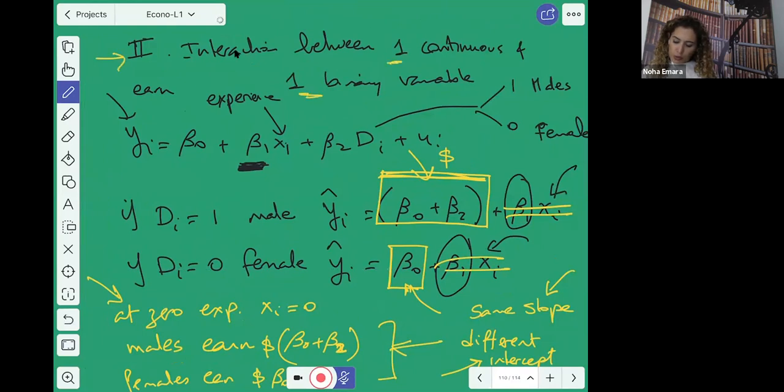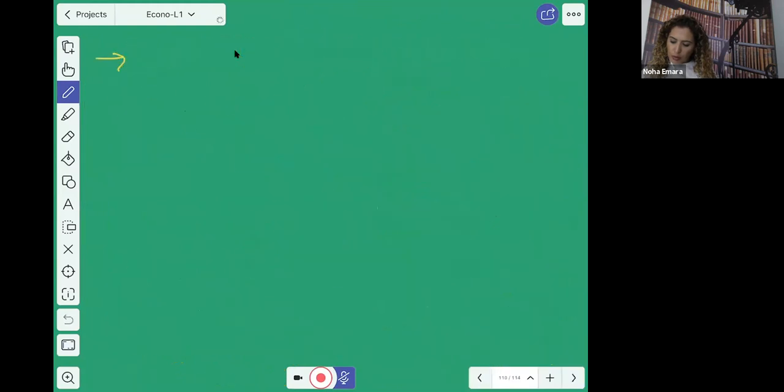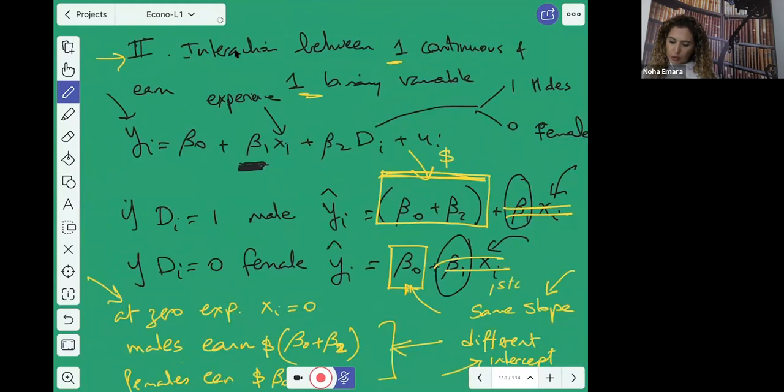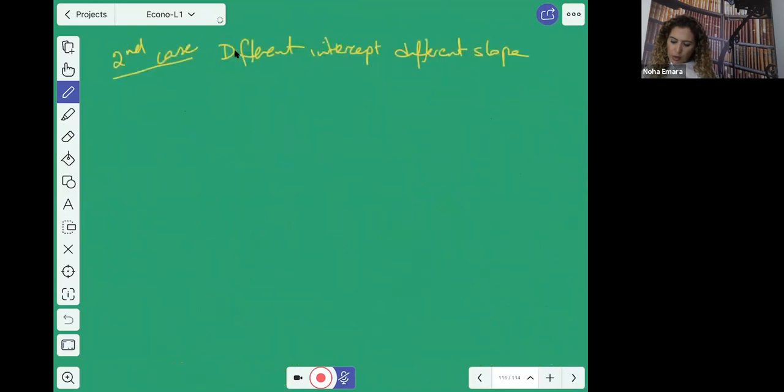We discussed the first case, which is same slope, different intercept. Let me write here, this is the first case. And this is our second case, in which we have different intercept, different slope. And I actually prefer this model because in many applications, it's more realistic.